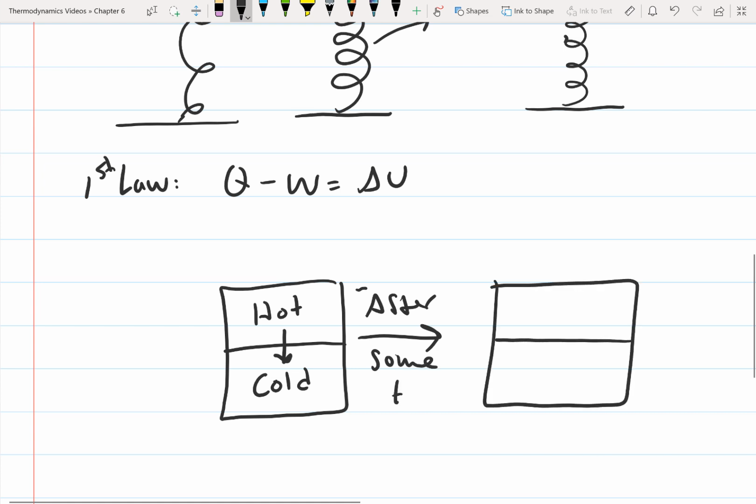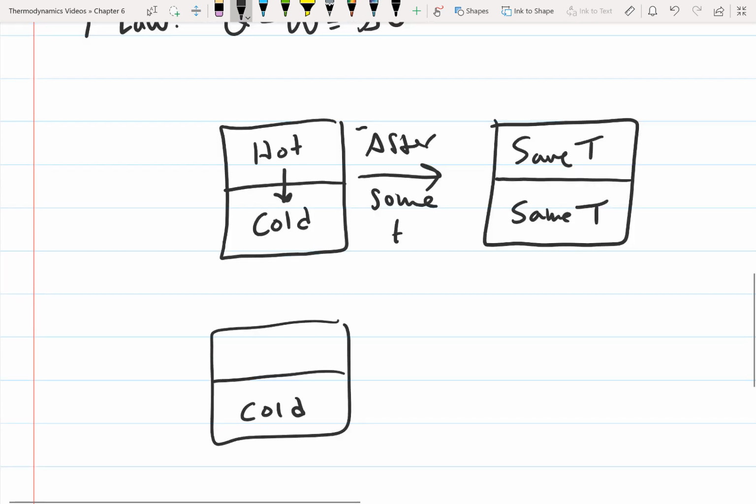Let's just say same temp for both. We know that the heat's going to transfer from the hot to the cold side until they're the same temperature, and after they're the same temperature, that transfer is going to stop. Can heat be transferred from the cold side to the hot side?